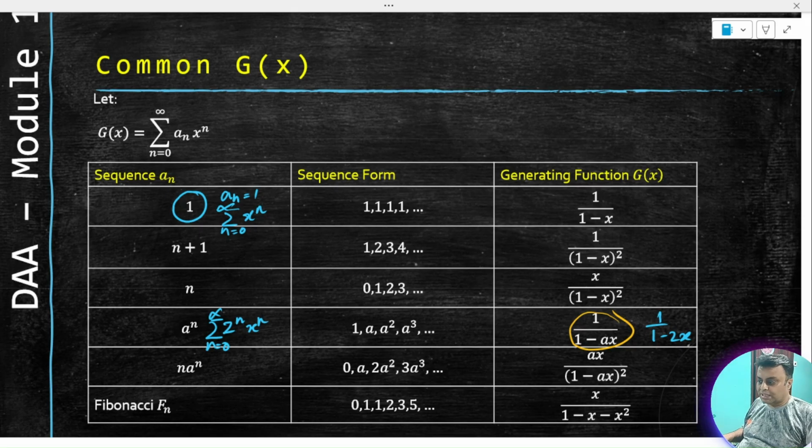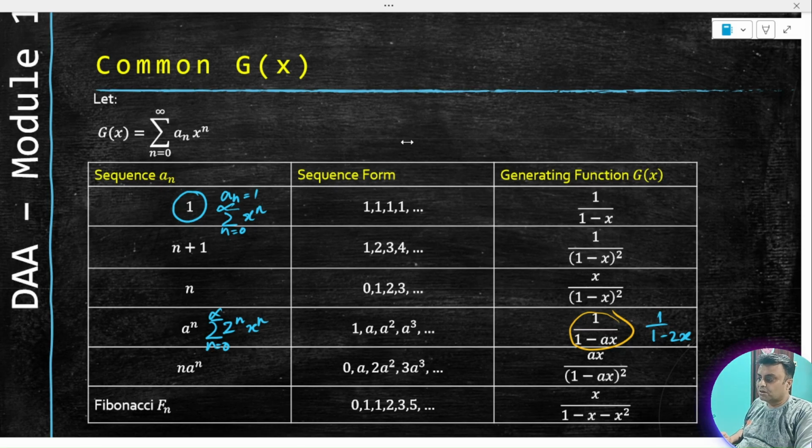Right? So if you got that, then on the left side I can easily write down that this will be of this format. An will be actually 2 to the power of n, so 2 to the power of n x to the power of n. So that will be my generating function, right?